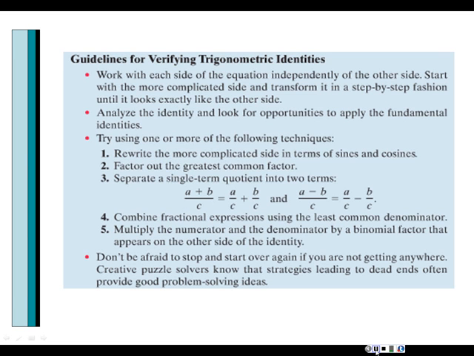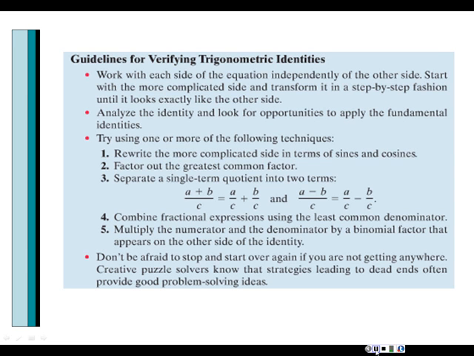For an example, tan x can be written as sine by cos. Cot x can be written as cosine by sine. Cosec x can be written as 1 over sine. Sec x can be written as 1 over cos. So at the end, you can go back to sine and cosine to make it look like all sine cosine. And then factor out the greatest common factor.